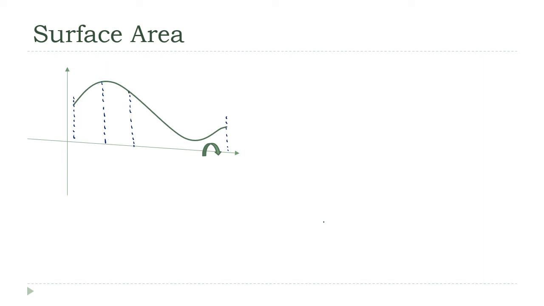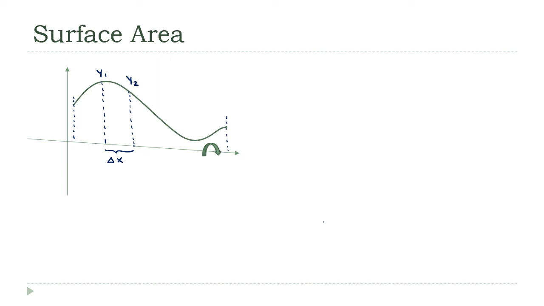Then what is the surface area of this thing? Well, call these points here y1 and y2. Right, and this distance, of course, is delta x. Right, so y1 and y2, those are my two radii.